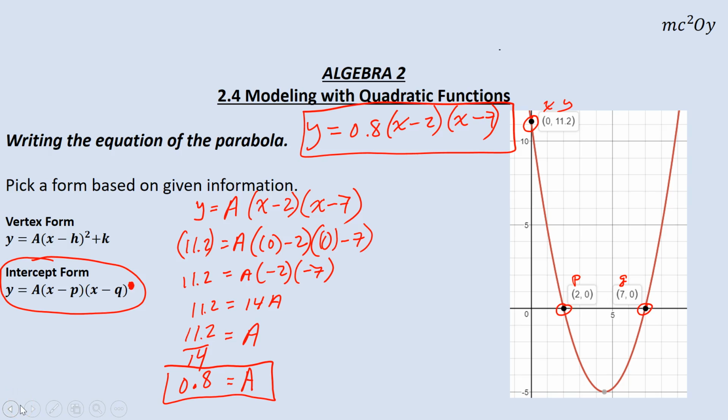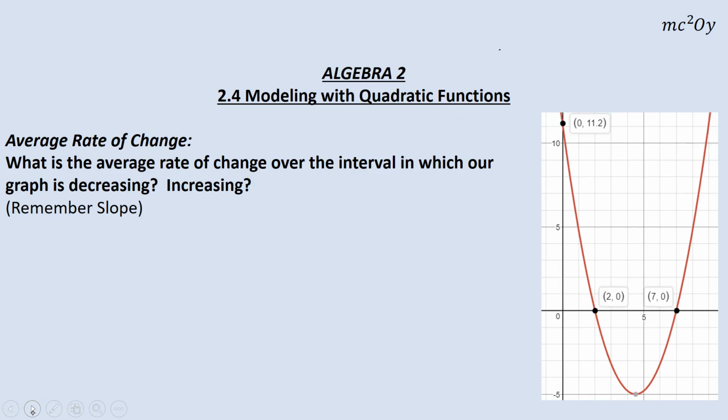Okay, so what we can do from there now is take a look at the same graph, and you'll be asked to find the average rate of change. It says, what is the average rate of change over the interval in which our graph is decreasing and in which it is increasing? So what I put here is remember slope. Let's say our graph has to exist in only the positive realm here, and it goes from 0 to 7.